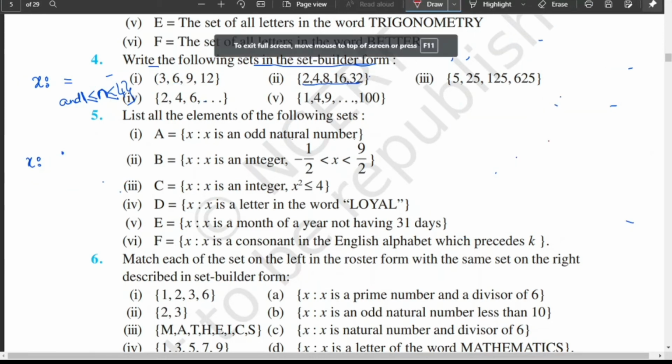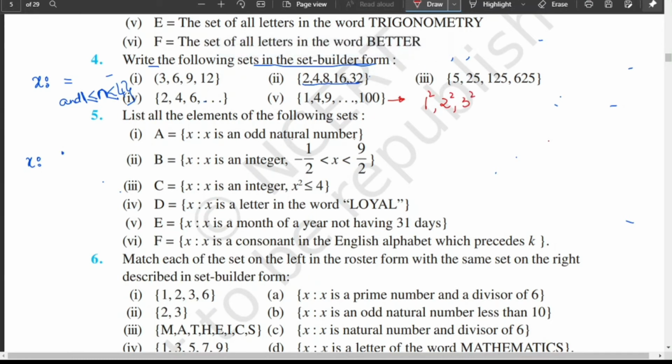Now see how we will write this one: 1 square, 2 square, 3 square, 4 square, and so on, where we got the last one, 10 square. Yes, you need to understand the set and what format it is given in. So now, what form is it of?